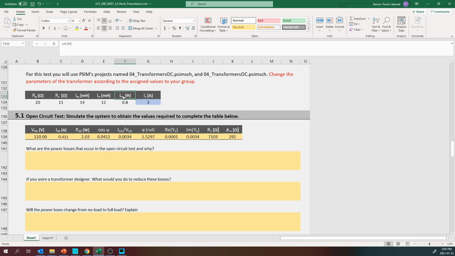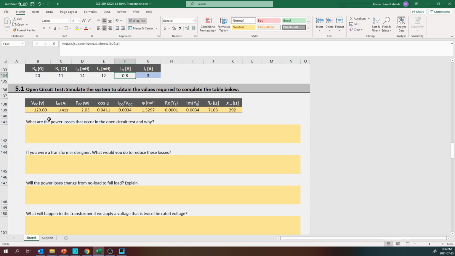Be careful with this magnetization inductance because it's in henries. These are in millihenries, so don't get caught up by this. And now you just simulate that circuit, and you get the open circuit voltage, the open circuit current, and the open circuit power that you could measure using the measuring window.